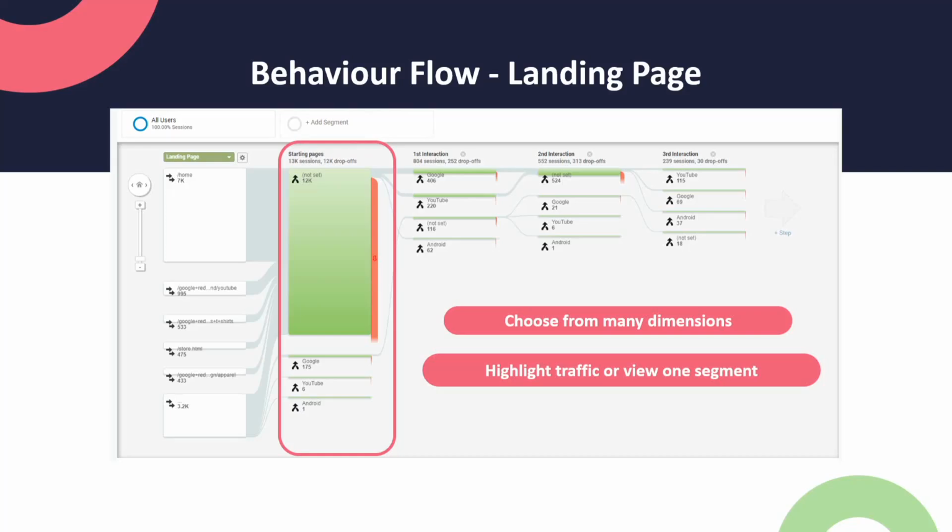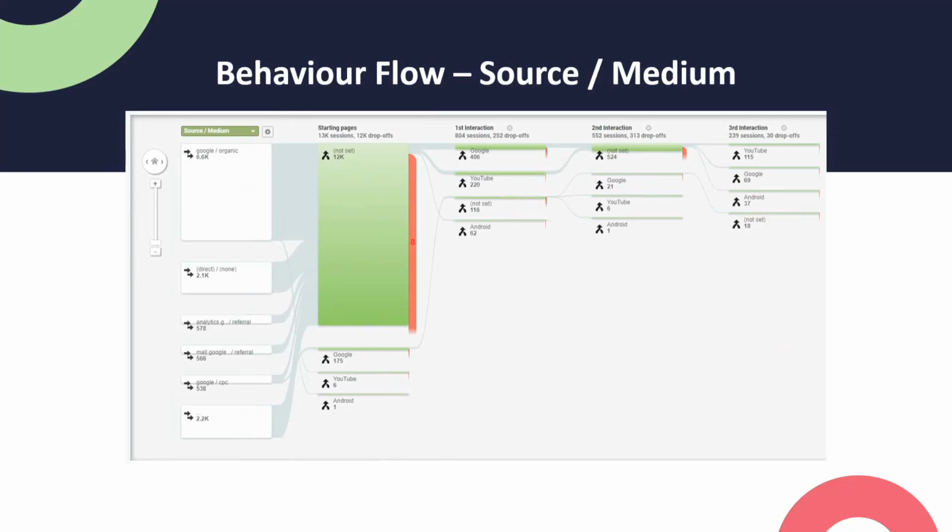You can choose from many different dimensions in the drop down where it says landing page. And you can also highlight traffic or view one specific segment, which I'm going to show you now. But just to show you the different dimensions, here I changed it to source medium.